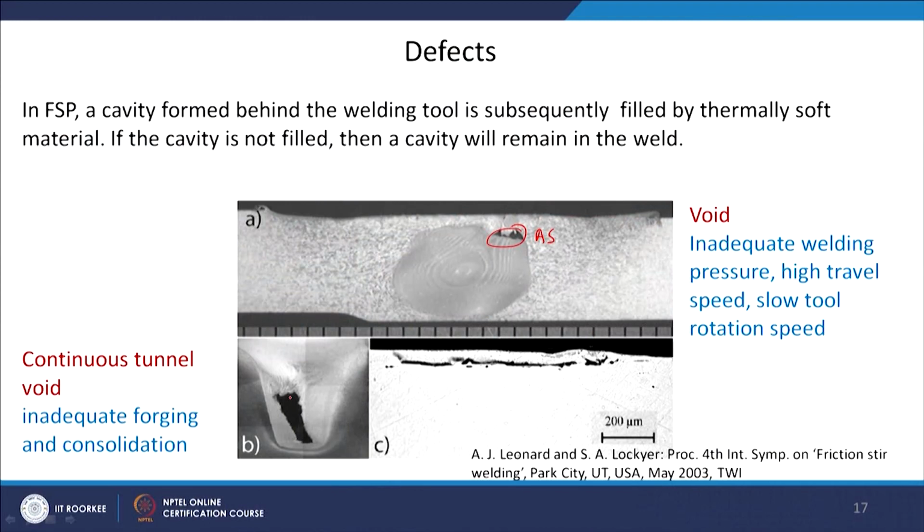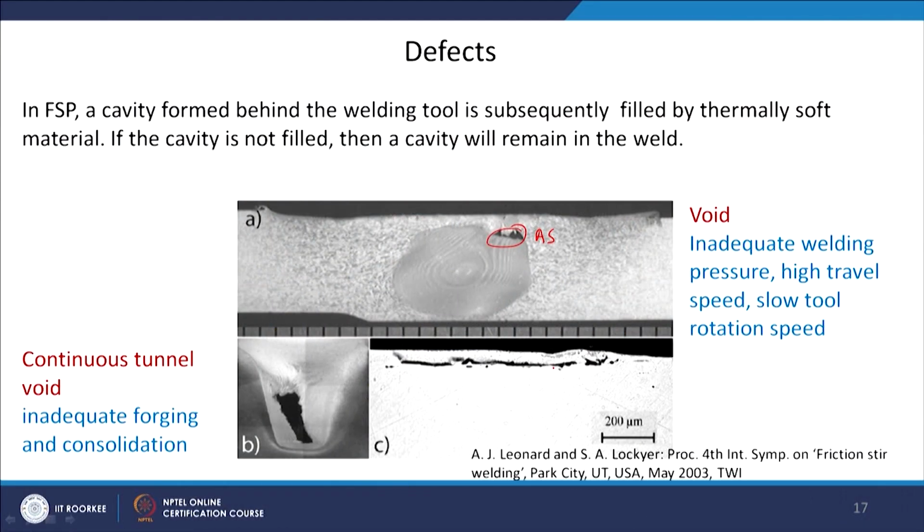Sometimes you can have a tunnel. This tunnel will go throughout the processed region; from start to finish there will be a kind of channel. That is also due to insufficient heating and insufficient normal force. When you increase the RPM or the normal force, you will be able to remove these kinds of defects.